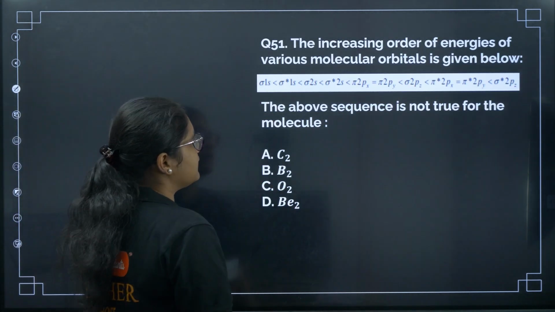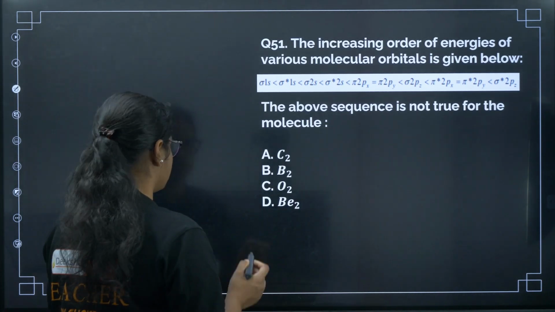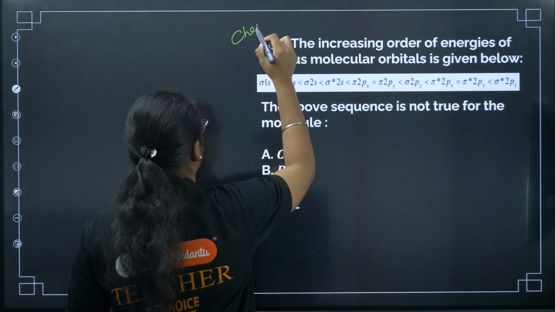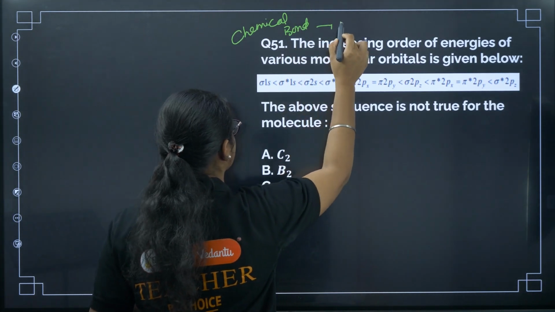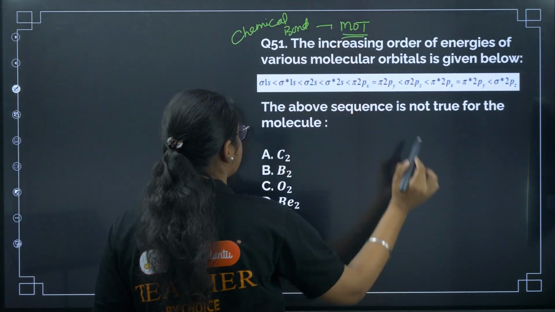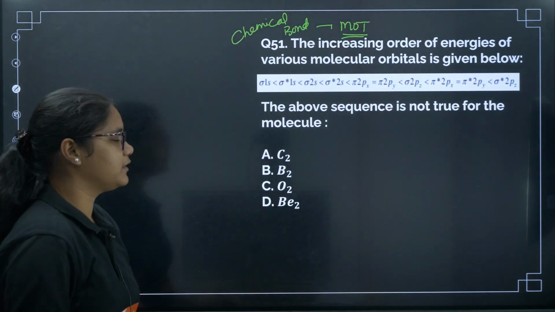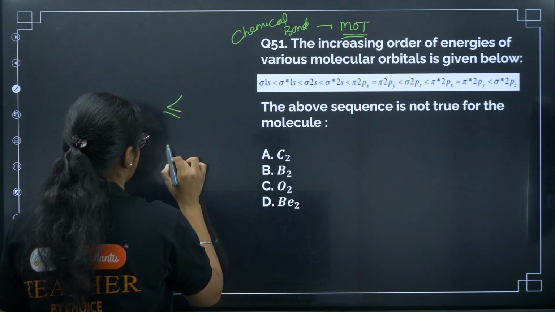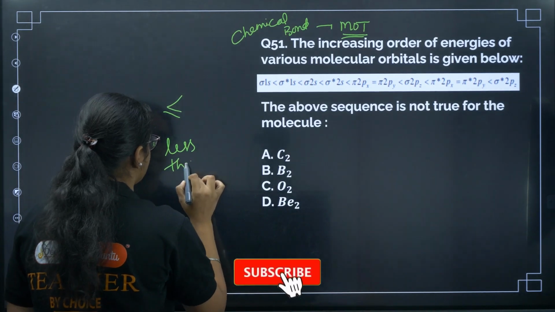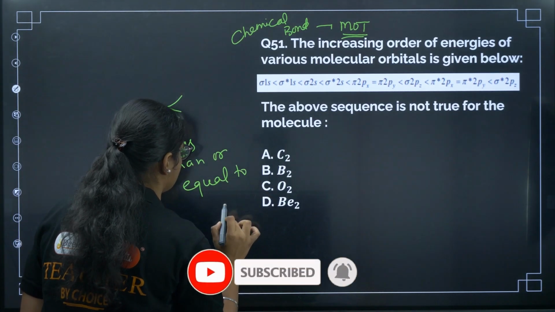Now next, the increasing order of energies of various molecular orbitals is given below. So this question is from your chemical bonding, right? Chemical bonding, molecular orbital theory. So if you remember, the given sequence is for when the number of electrons is less than or equal to 14. Okay.